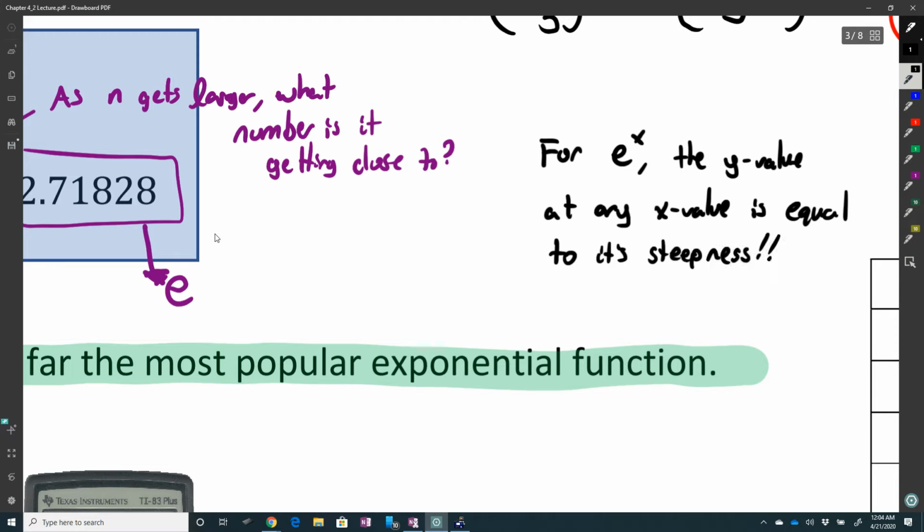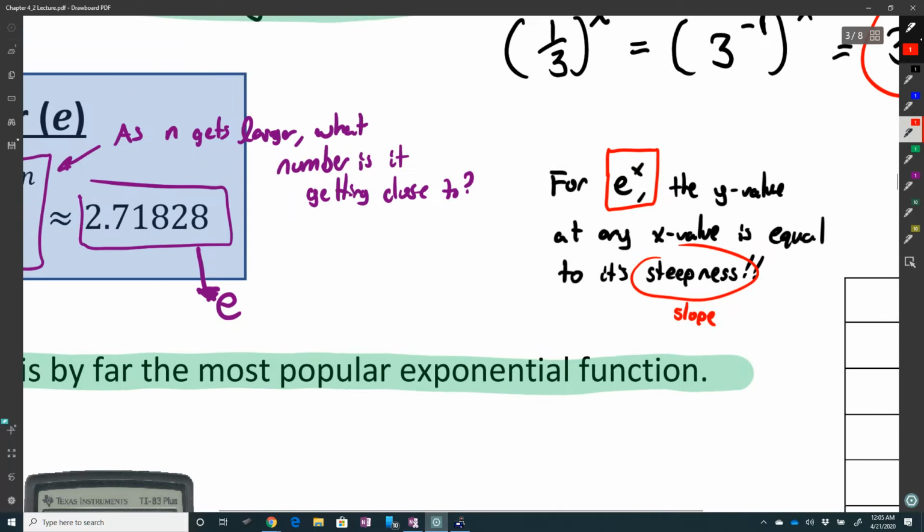And that's something that's only true for this equation. When I say steepness, I mean slope. If the y value is 1, the slope is 1. If the y value is 2, the slope is 2. If the y value is 10, the slope is 10. And that's only true for this equation. And math people like that property a lot.